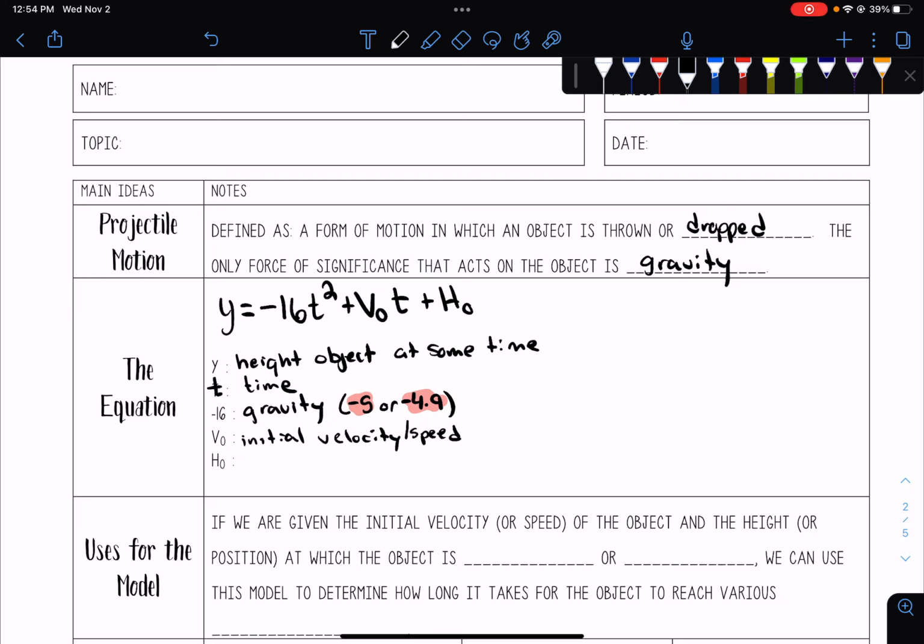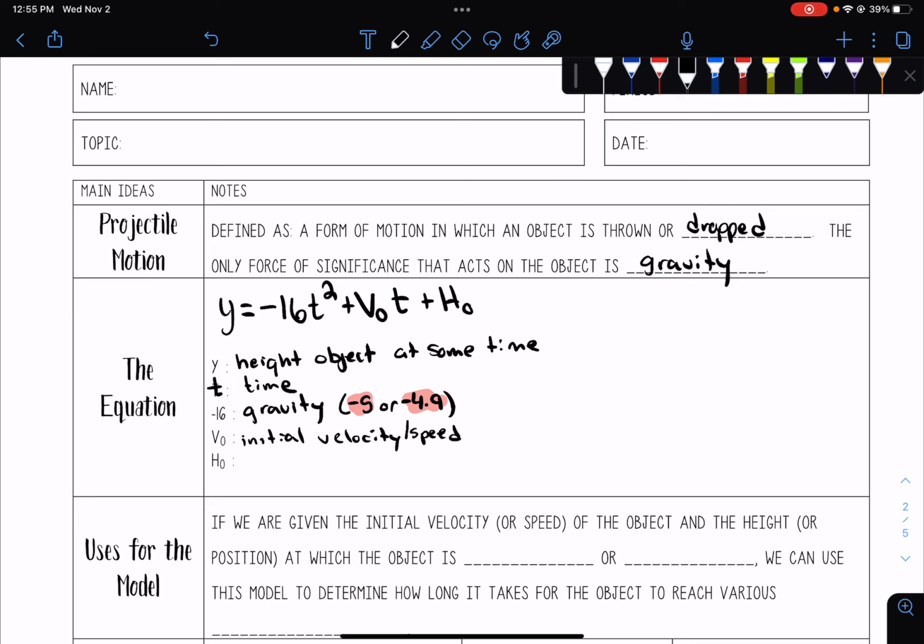If this was a cannonball getting launched in the air, that would be a really high number because the cannonball is going to be going fast when it comes out of the cannon. If the story problem was somebody throwing a football, that number's not going to be nearly as big as if it was a cannonball because you can throw a football far, but it's not going to go as fast or as far as a cannon, right? So that number changes. For each story problem, it's different.